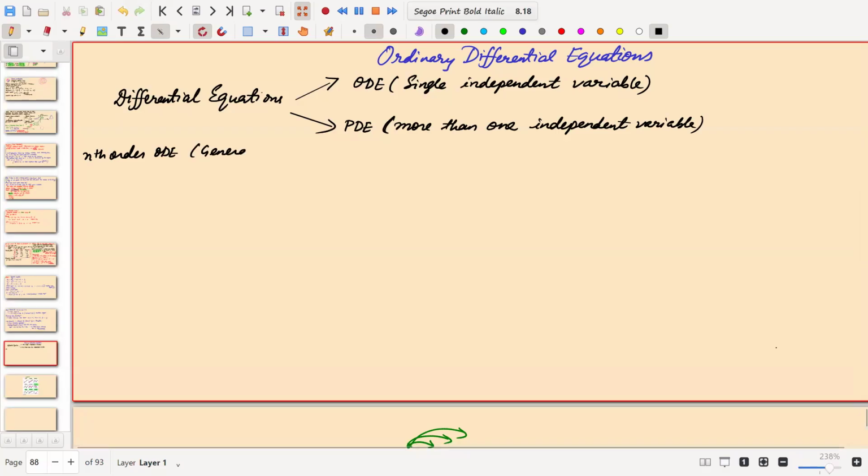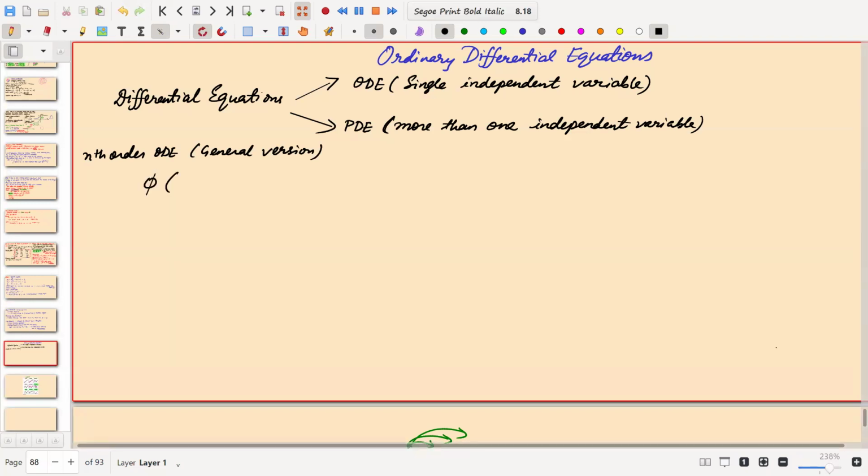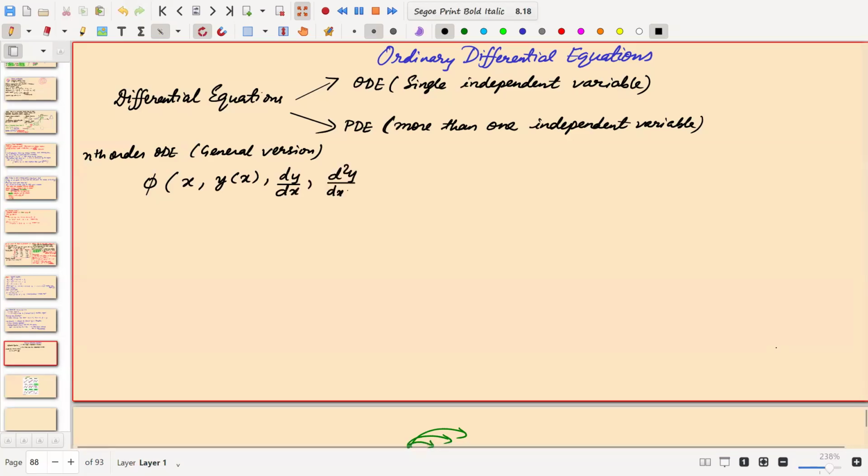You can write the nth order ODE as some function phi, which has x, the dependent variable y, the independent variable x, and all the possible derivatives, dy by dx, then d2y by dx2, and so on, up to dny by dxn, equal to 0. So this is the nth order ODE.